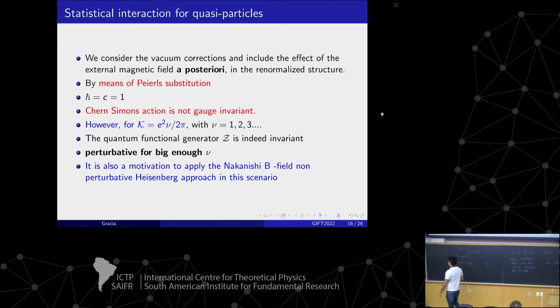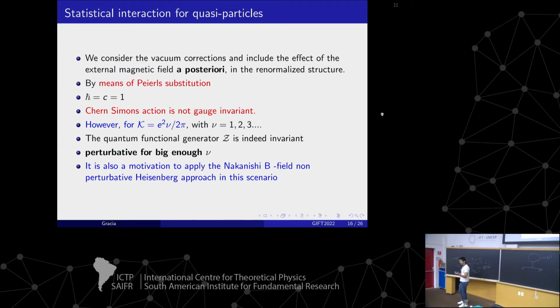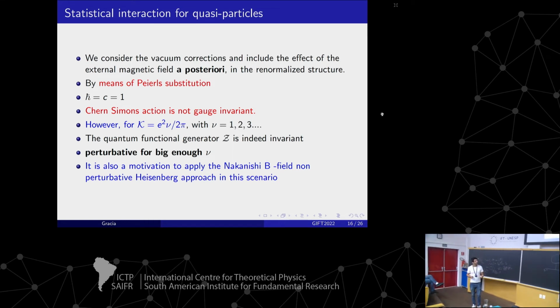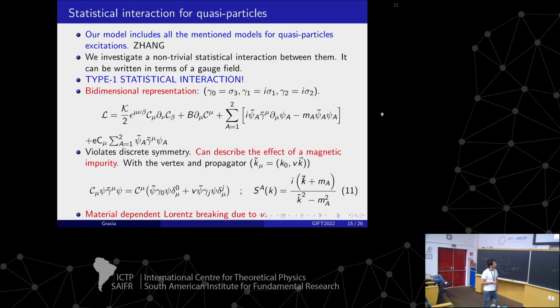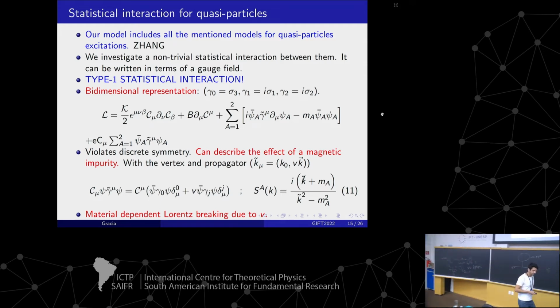However, the functional generator from which we take all the physics of the model can be invariant if we fix the K coefficient to be of that form. Let's come back there. It enters as a normalization of the propagator of the auxiliary Chern-Simons field.